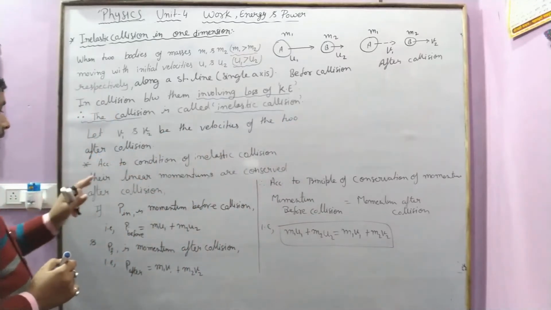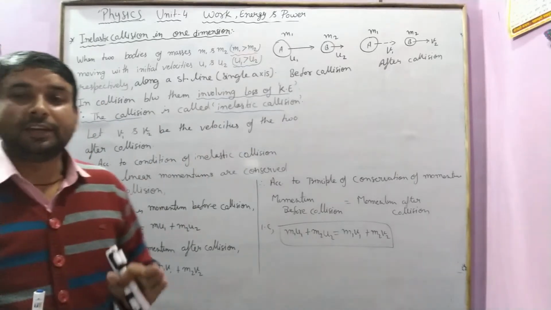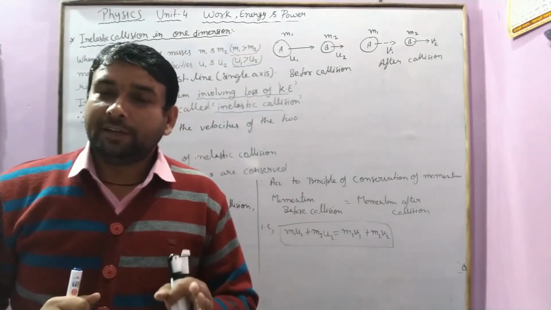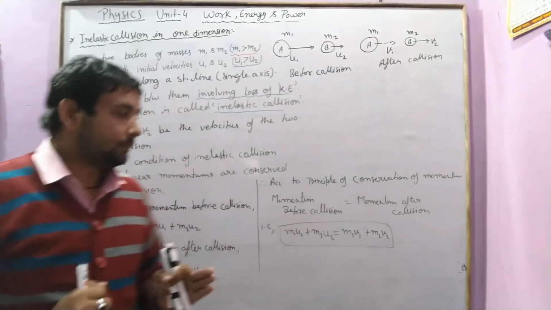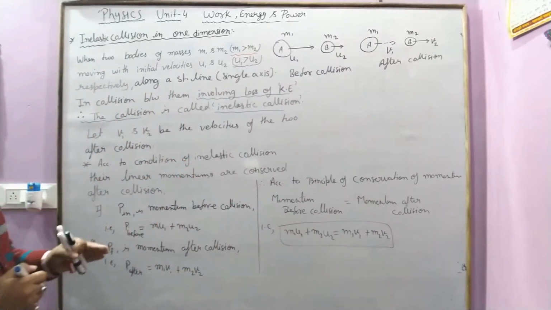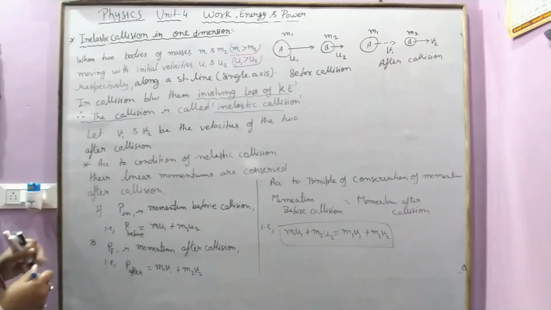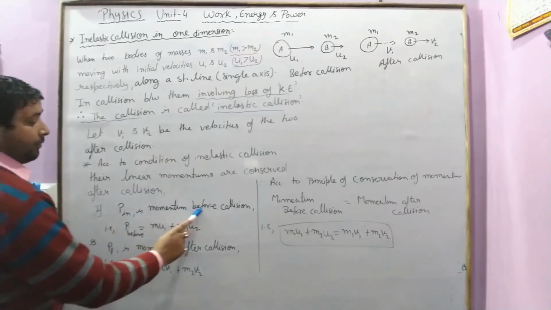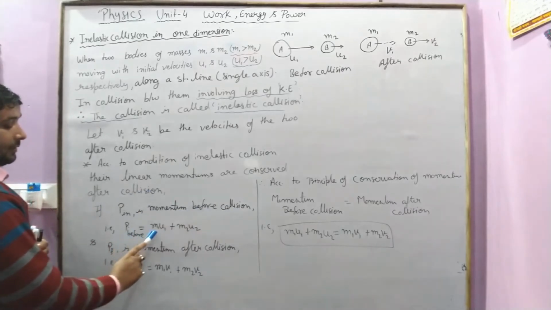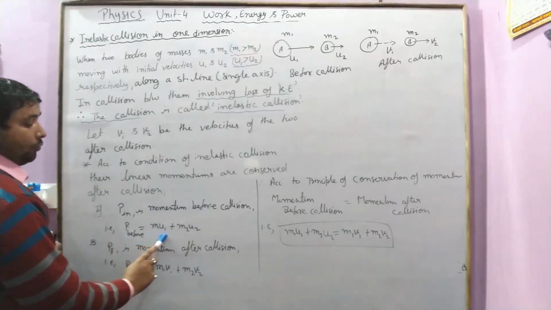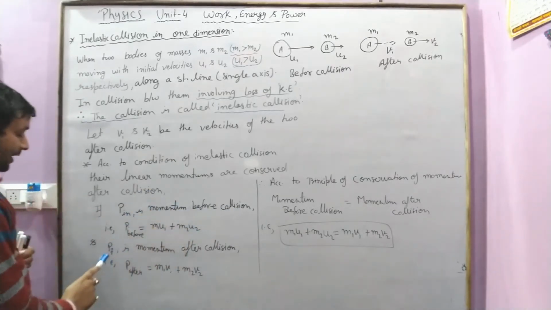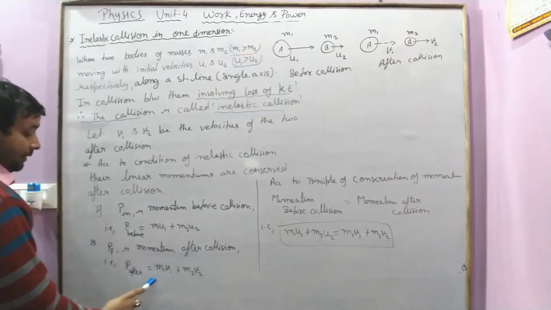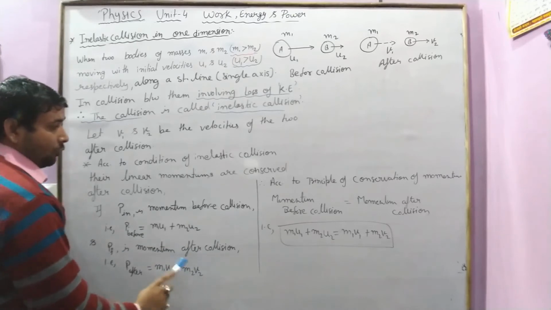Therefore according to the condition of inelastic collision, only linear momentum is conserved and kinetic energy is not conserved. We can calculate the initial momentum before collision, m1 u1 plus m2 u2, and the final momentum after collision, that is m1 v1 plus m2 v2.